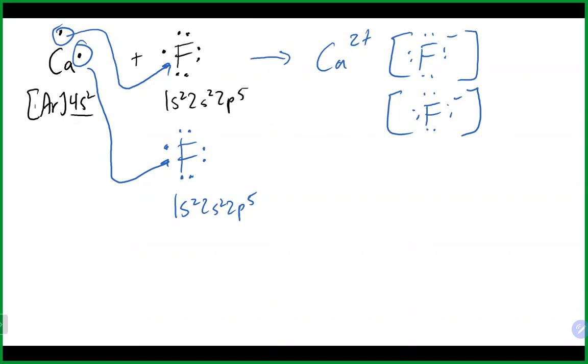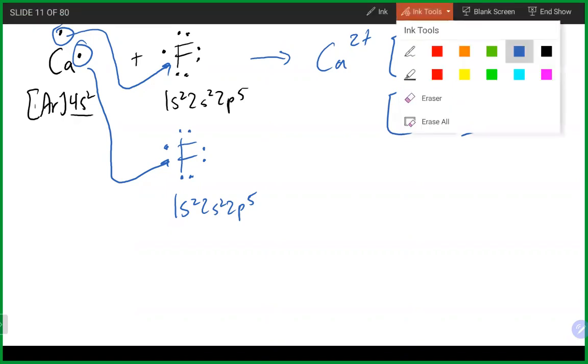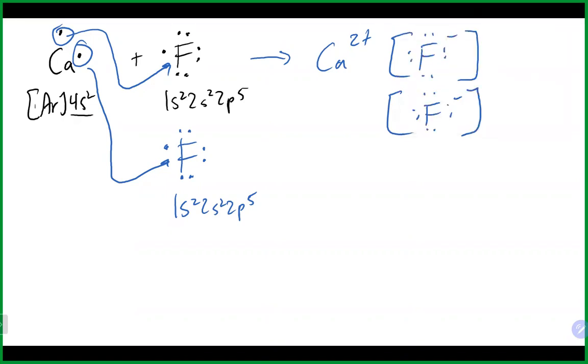In this case, if we look at it, all 3 of these ions have basically reached noble gas configuration. Once again, the calcium lost these 2 electrons, which allows the calcium to end up at argon's configuration. And each of the fluorines put an electron in that orbital.